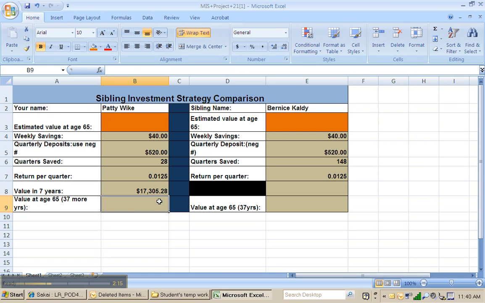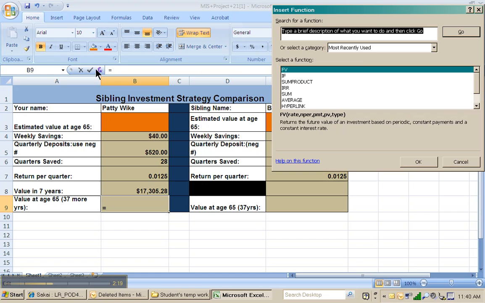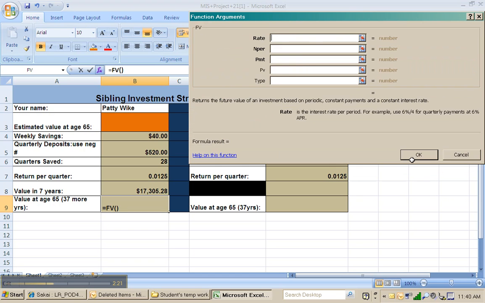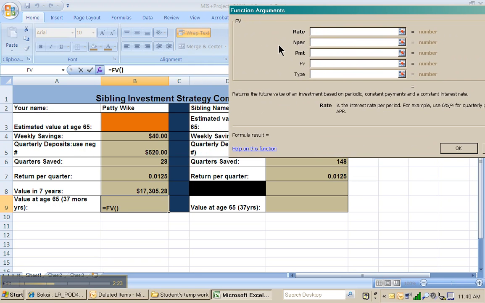Then I'm going to just sit there and let it compound till I retire. Still need to use future value to figure out what that is. So future value and the rate, again, is the same. And this would be 37 years that I'm going to just let it sit there, times 4 quarters. And the payment, nothing. I'm not adding anything else to it.